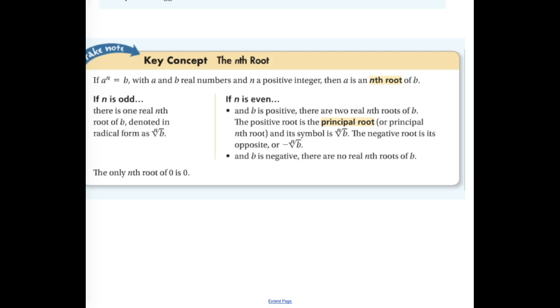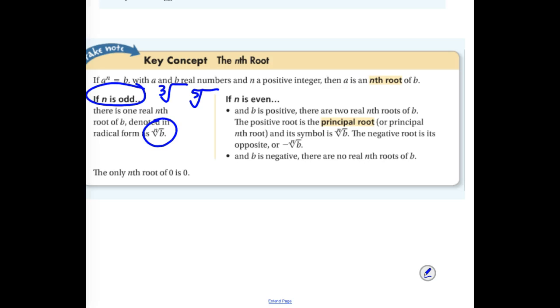Okay? But we have to make the distinction if n is odd and if n is even. So if n is odd, we are taking an odd root, like a cube root or a fifth root. Okay? There is one real nth root, and we denote it like this. The nth root of b.